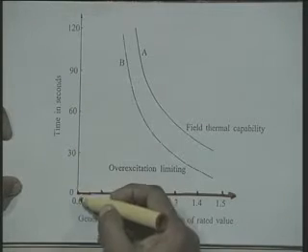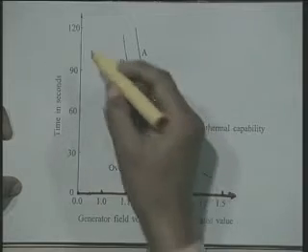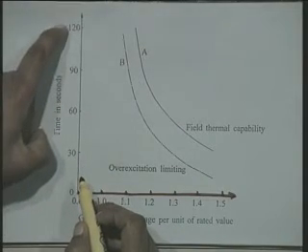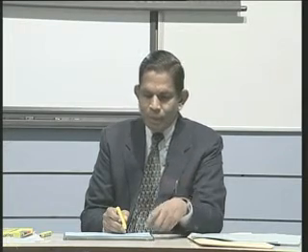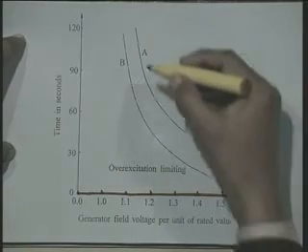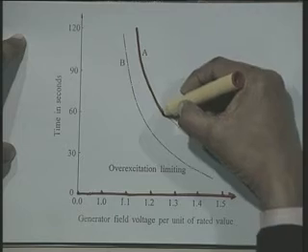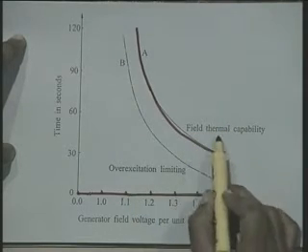And on this y axis we are putting the time in seconds. The times are 30 seconds, 60 seconds, 90 seconds and 120 seconds. This gives you the range over which the excitation system overloading is permitted or over excitation is permitted. Now, this characteristic A, which you can see here, shows the field thermal capability.